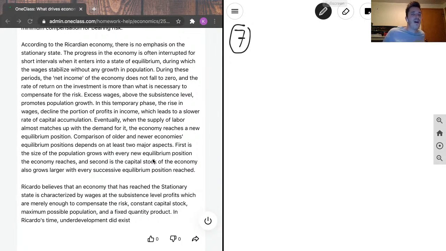According to the Ricardian economy, there is no emphasis on the stationary state. Progress in the economy is often interrupted for short intervals when it enters into a state of equilibrium, during which the wages stabilize without any growth in population. During these periods, the net income of the economy does not fall to zero, and the rate of return on the investment is more than what is necessary to compensate for the risk.